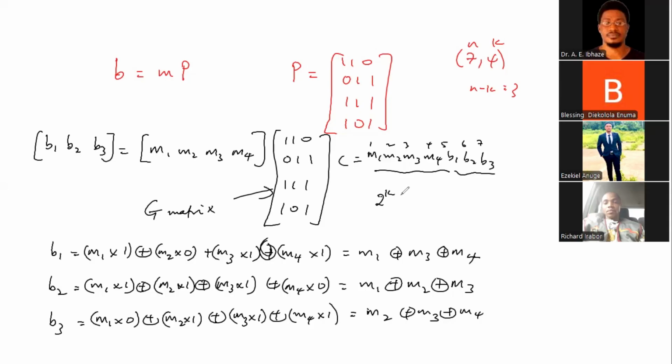That's 2 to the power of K, right? So 2 to the power of 4, that would be 16. So we can have 16 possible code words in this, right? So that brings us back to binary logic. So we will now have our truth table.